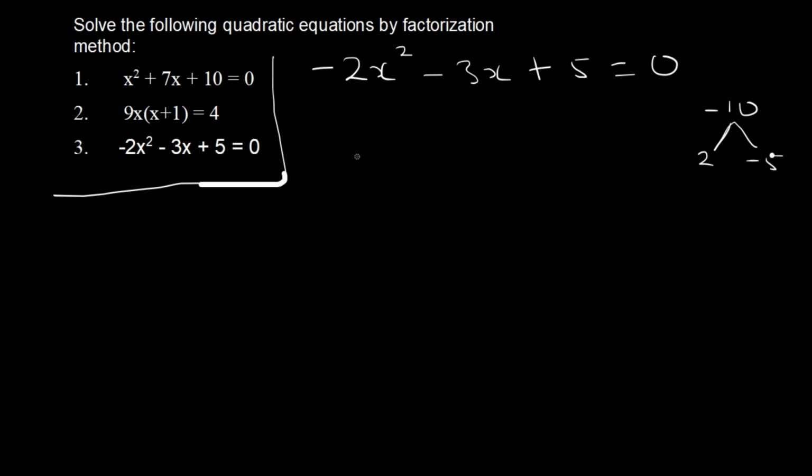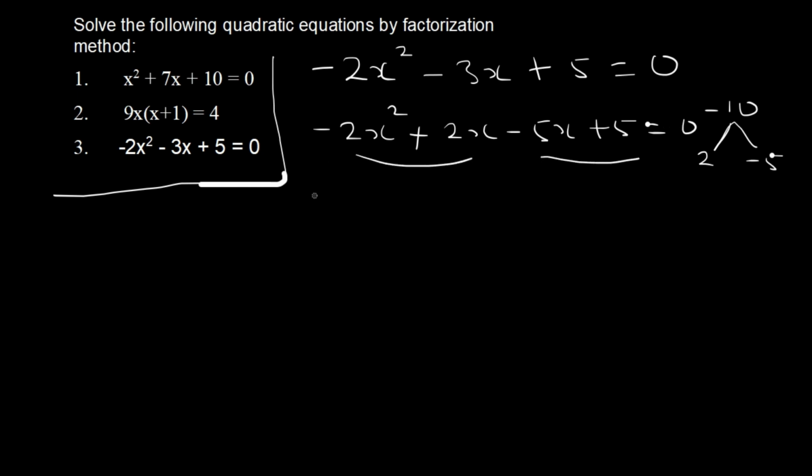So we'll replace minus 3x with plus 2x and minus 5x. So now we'll factorize. Minus 2x is common here.